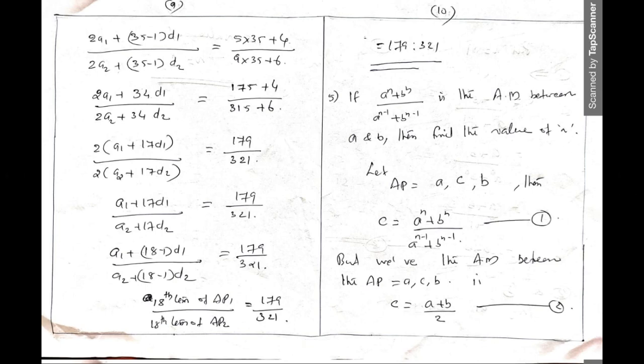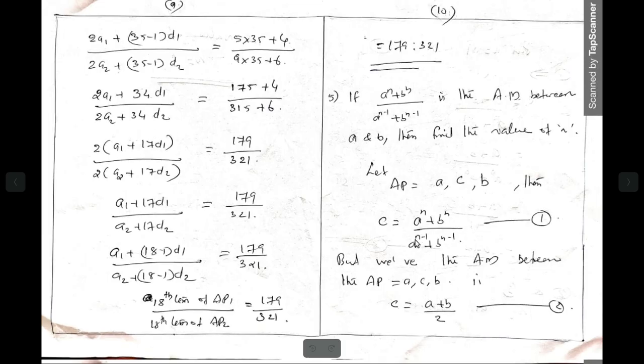So if you substitute n is equal to 1, what happens? n is equal to 1 means a raised to 1 plus b raised to 1 divided by a raised to 1 minus 1 plus b raised to 1 minus 1, that is a plus b divided by a raised to 0 plus b raised to 0. That is a plus b divided by 1 plus 1, since a raised to 0 is 1 and b raised to 0 is 1. So this whole expression becomes a plus b by 2, which is the arithmetic mean of a and b.